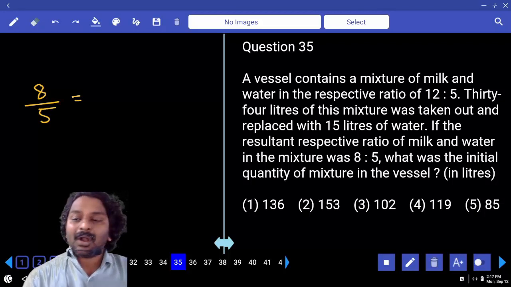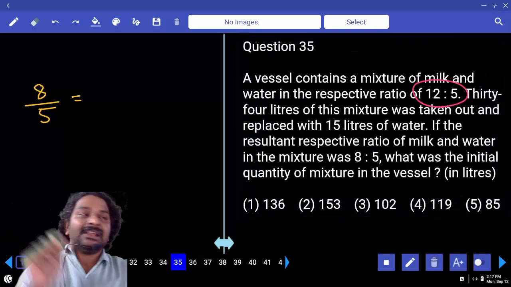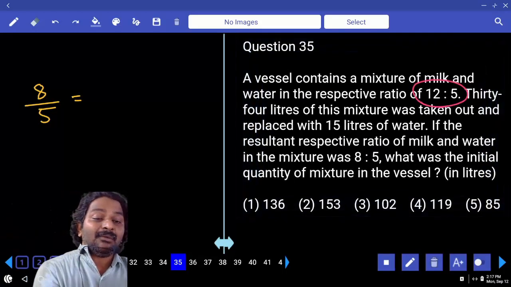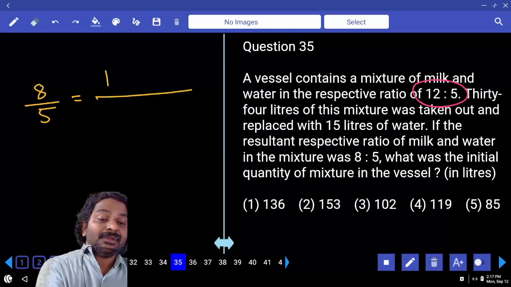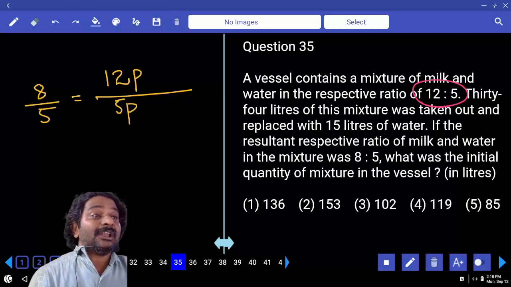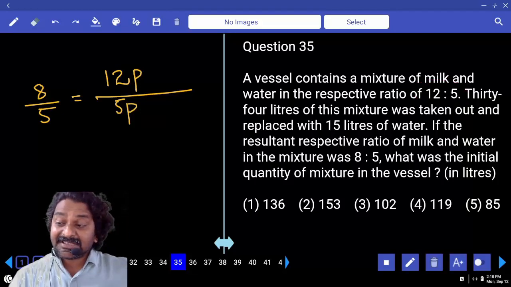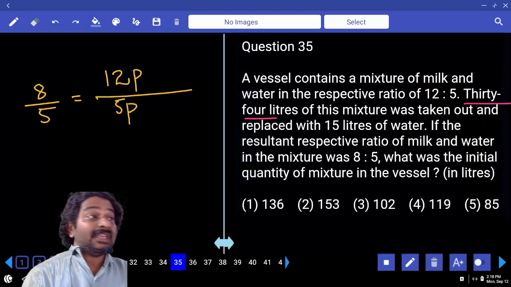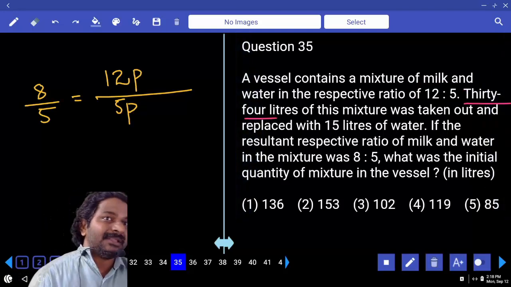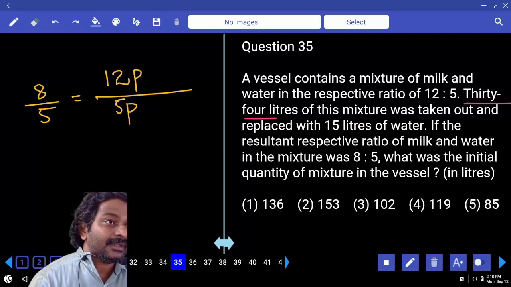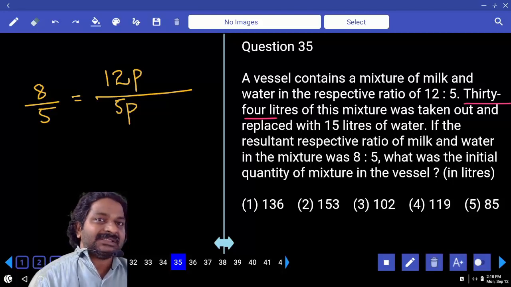Milk and water. In the initial container, milk and water are in the ratio 12:5. Can I take it as 12 parts and then 5 parts? Total how many parts we have? And how many liters quantity is taken out? So even 34 also should be in the ratio 12:5. 17 parts, 34 liters.